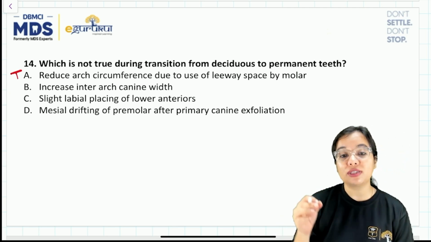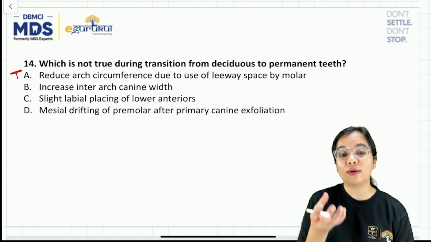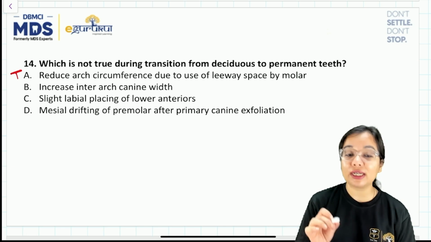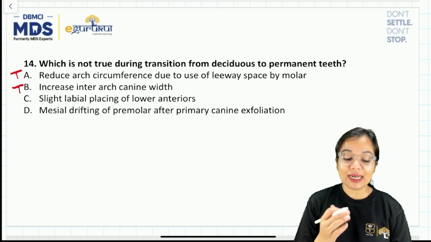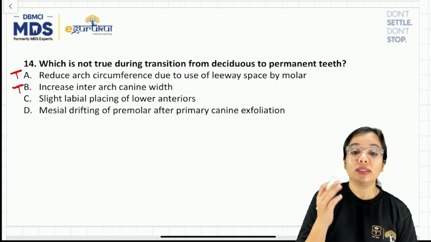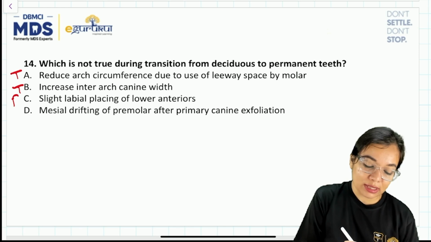The leeway space is used up by the molar movement and the arch circumference reduces. The increase in interarch canine width, this is also a true statement. Slight labial placing of the lower anteriors. So no, the lower anteriors are placed lingually. So this is the false statement.